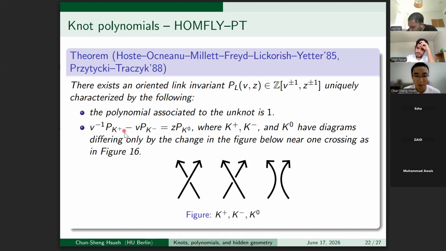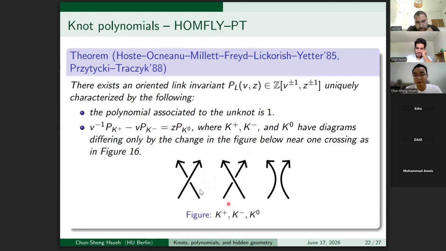What do I mean by P of K plus? What is also interesting is that it can be defined from a diagram. You start with a diagram of your link and you pick a crossing. Let's say this crossing. You look at a new diagram, which could be of a different knot, where you changed one crossing.